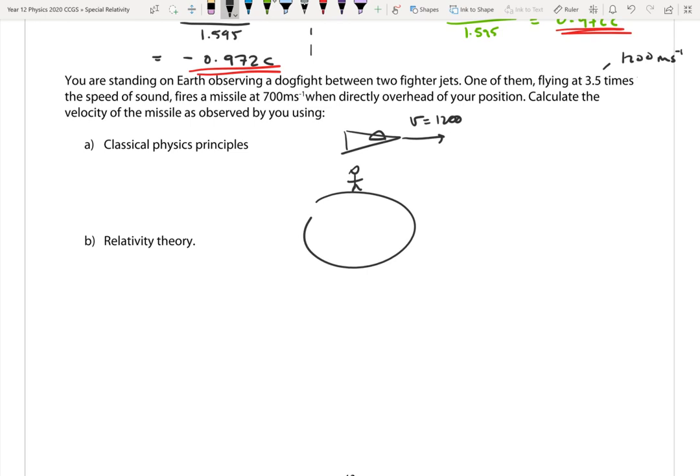Now, we're going to say that the missile U prime is the 700. In which case, yeah, we're calculating U. So classical is just the top of the equation in your data sheet, V plus U prime.